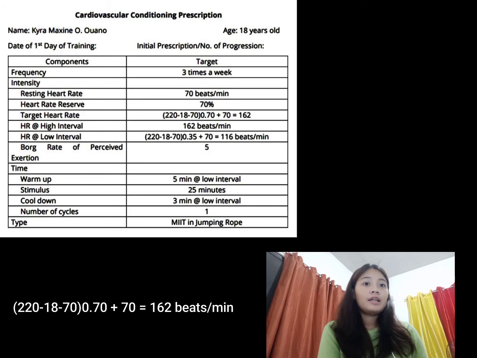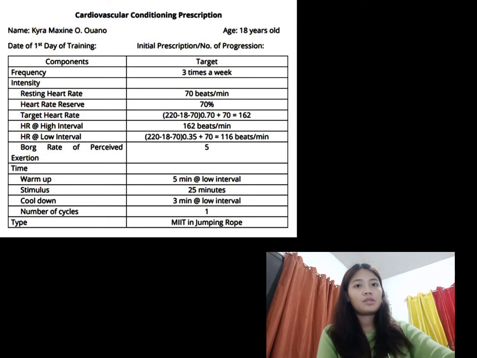So my target heart rate now is 162 beats per minute. My heart rate at high interval is also 162 beats per minute, so let's just copy from the target heart rate as our high interval.